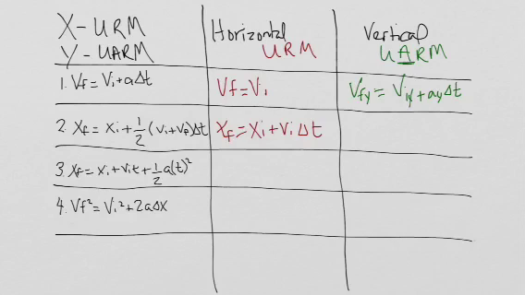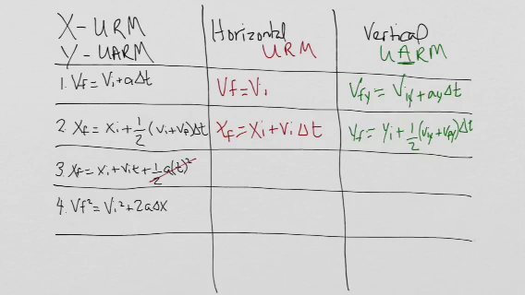So we have y final equal to y initial plus 1/2 bracket v initial y plus v final y, times delta t, correct? Now, the reason the y's and the v's stay there is because we know that our y velocity changes. We know that it changes because there is acceleration in the y. It's that simple.